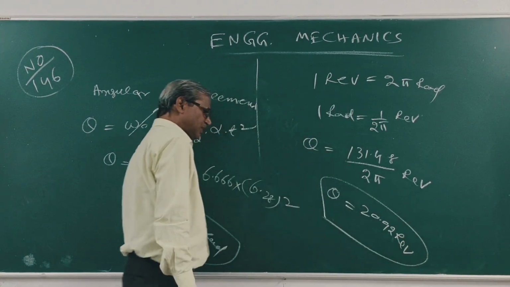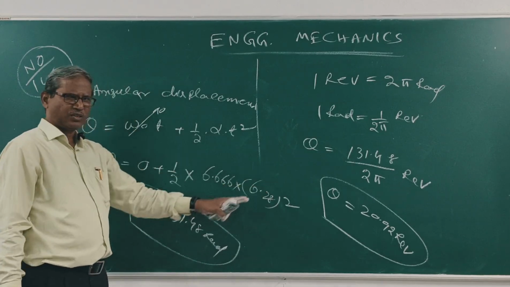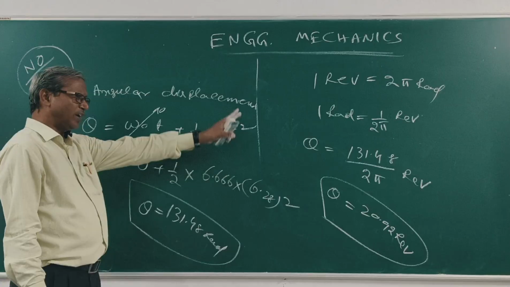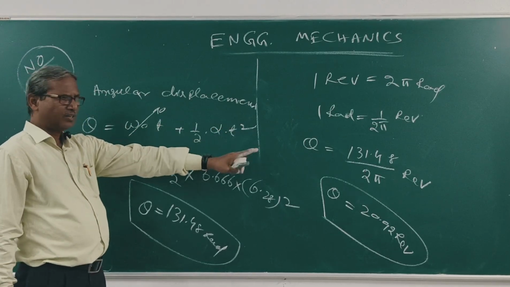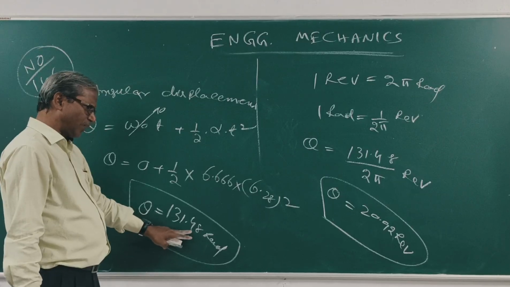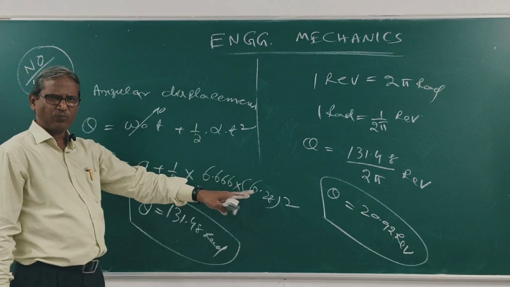This is the answer. This is in radian, this is in revolution. Clear? One revolution is equal to 2 pi radian, so one radian is equal to 1 by 2 pi revolution. Clear? This is theta.